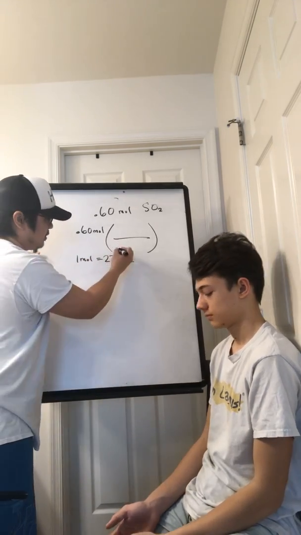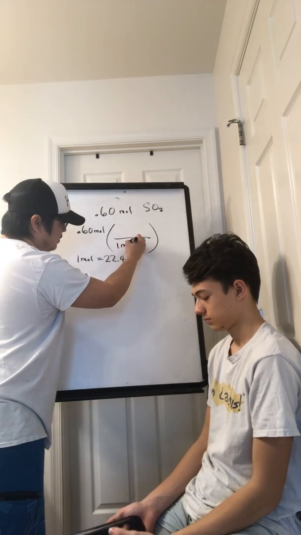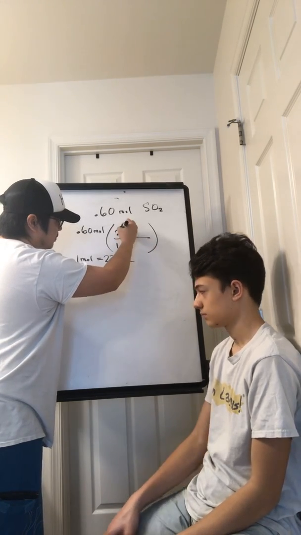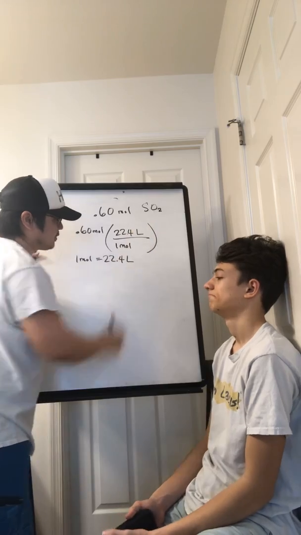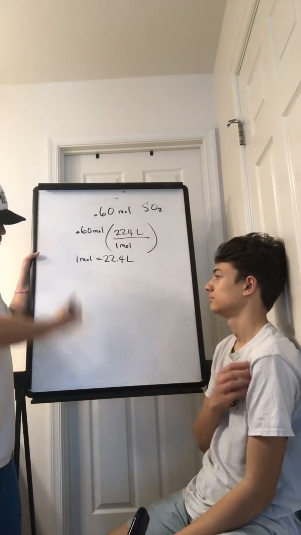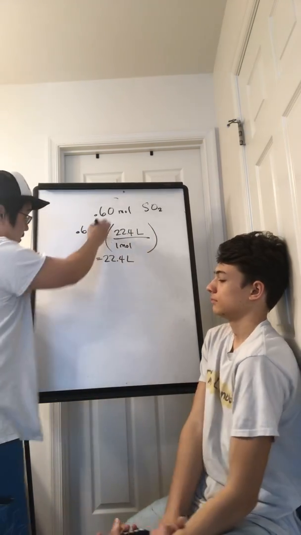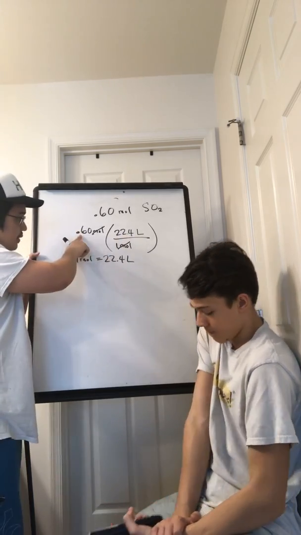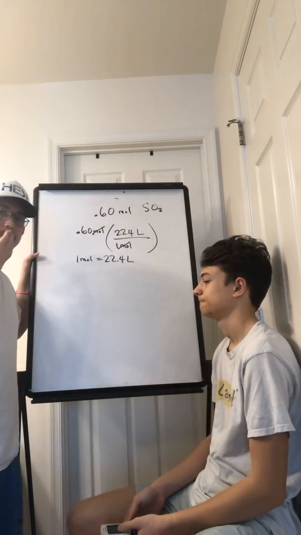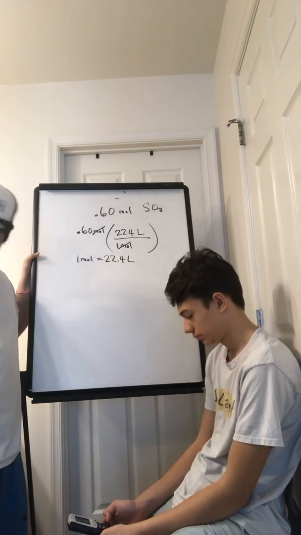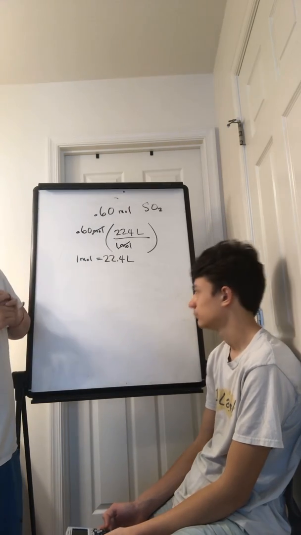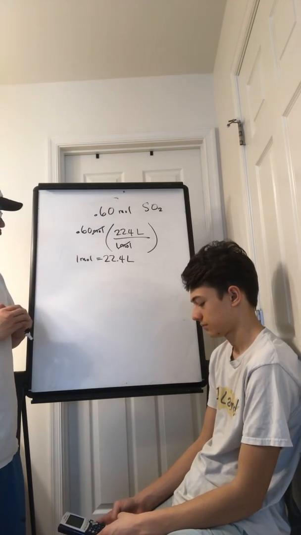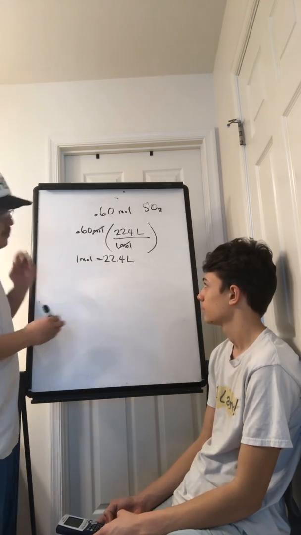So it's 1 mole over here and 22.4 liters. So the units go like this, and we've got 0.6 times 22.4, and what's the answer? Oh, by the way, this is 7.8 or 7-8.